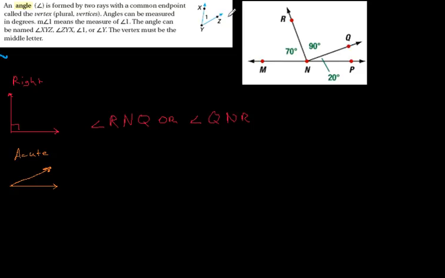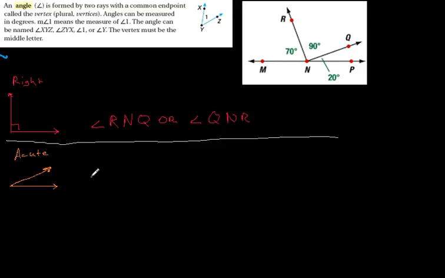So let's go ahead and name these two acute angles, but before we do, I'm going to try a new color out here and just separate out the old ones. Now I'm just dealing with the acute angles. To name these, let's start with this one. Remember the vertex being N, so I would go P, N, Q is one angle.